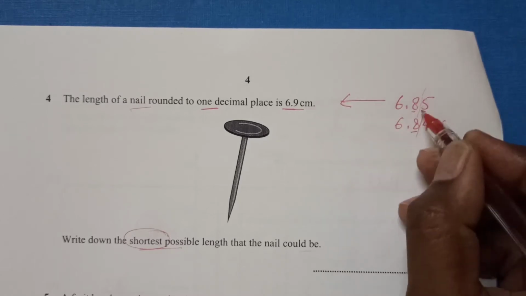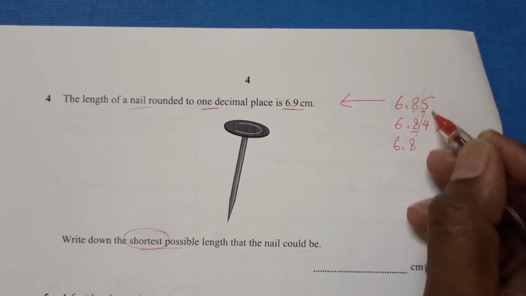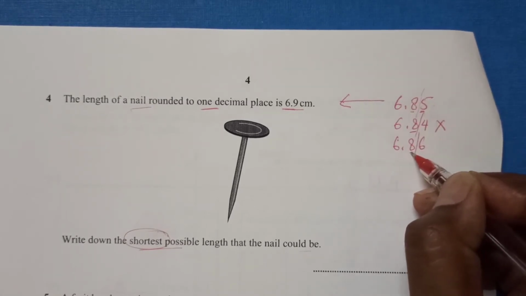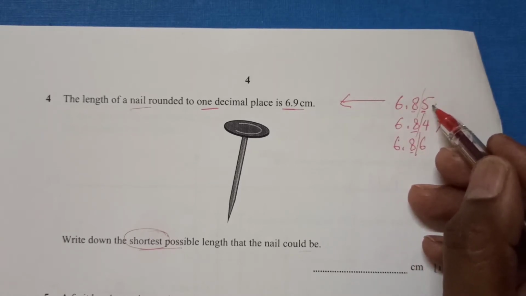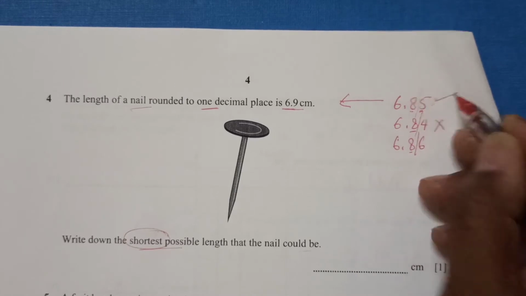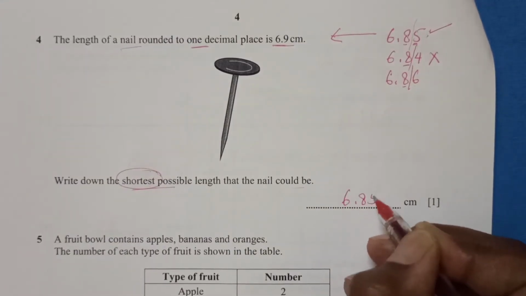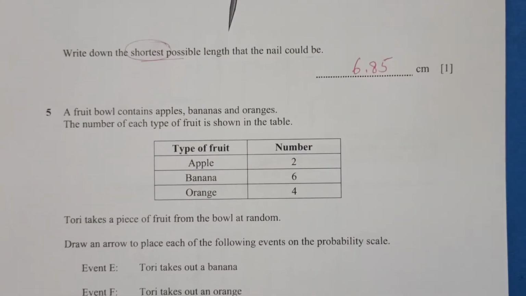So after this I can take a bigger number than this, 6.86, and when you round it, it will be 6.9, but this number is bigger. That means the shortest possible answer is 6.85. So this will be our final answer, 6.85.